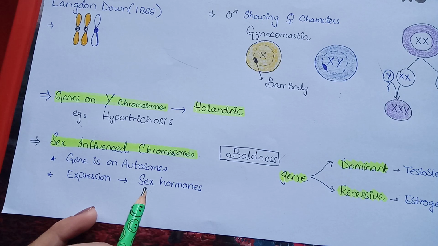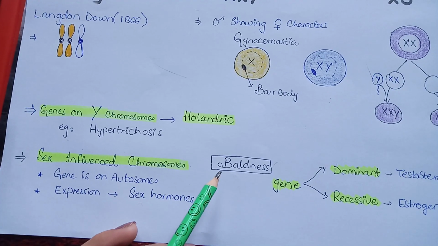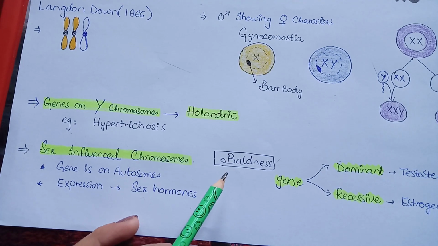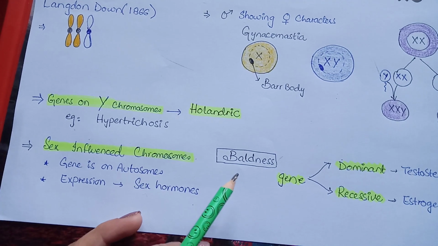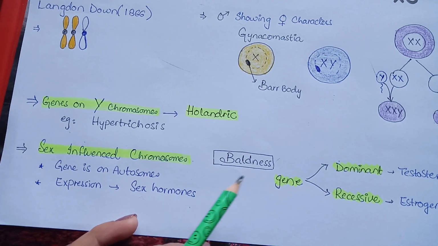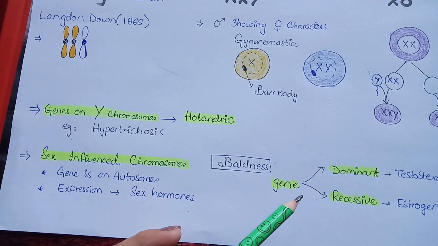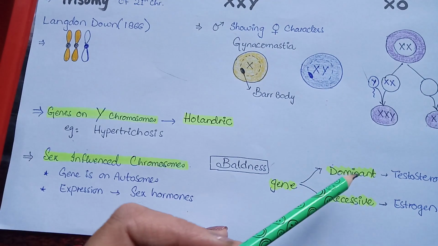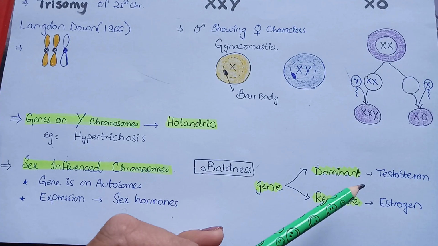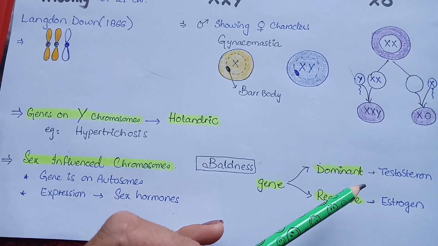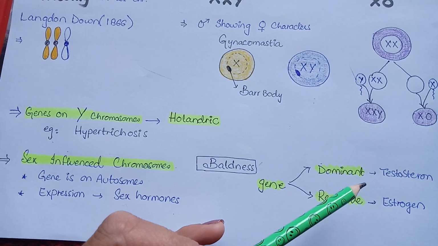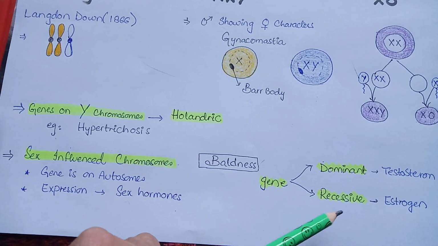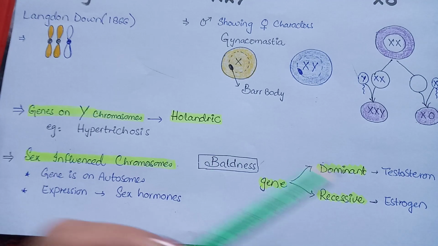Now for this, let us take an example of baldness. Okay? Baldness, which we usually see in some individuals. So the gene for baldness is on autosomes, and this gene acts as dominant in the presence of testosterone. Here the hormone that is responsible for the expression of the gene is testosterone, and the same gene acts as recessive in the presence of estrogen.